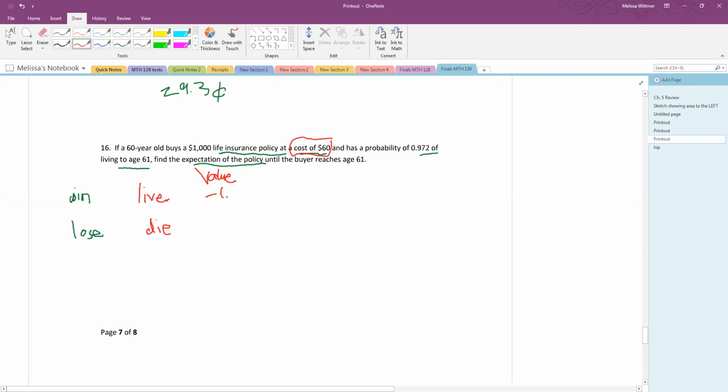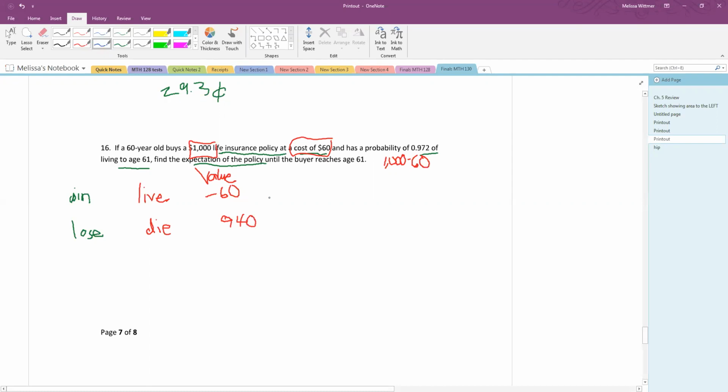So -60 is the value if they live. They lost 60 bucks. If the person dies, their beneficiaries get $1,000 minus the $60 that they paid that year for the policy. So every time there's a cost, you have to adjust your value by subtracting. So 1,000 minus 60 is $940. That would be the value if the person does not live.